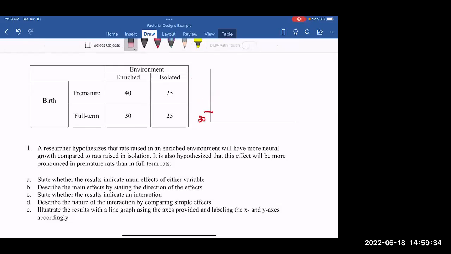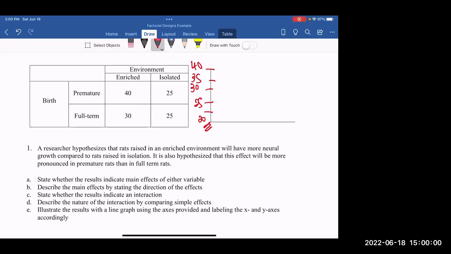I need more room. So 20, 25, 30, 35, 40. Okay. And then we'll just add a little squiggly here to indicate that we're not starting from 0. Okay.